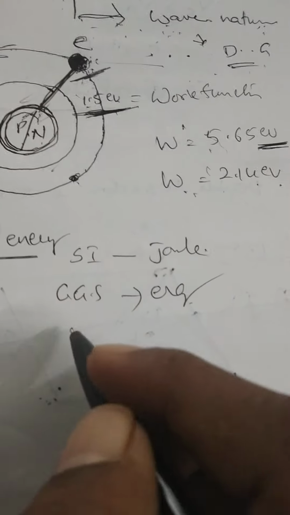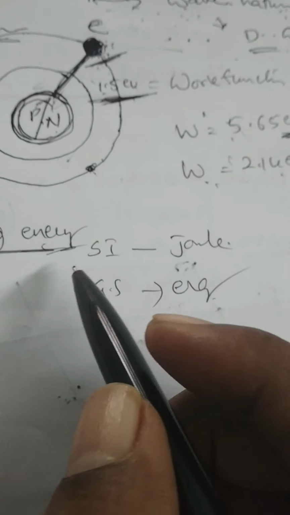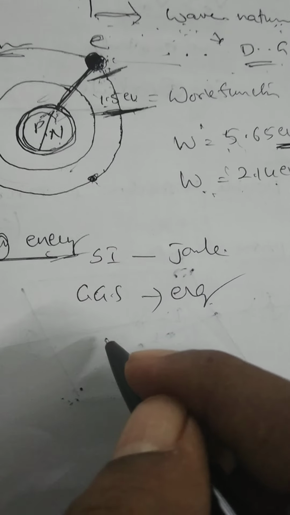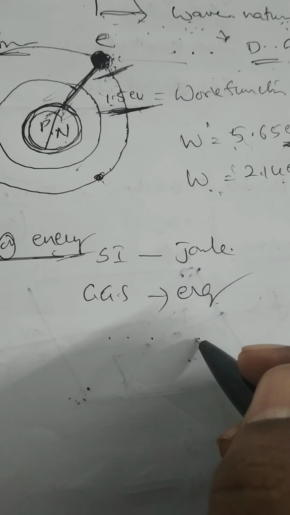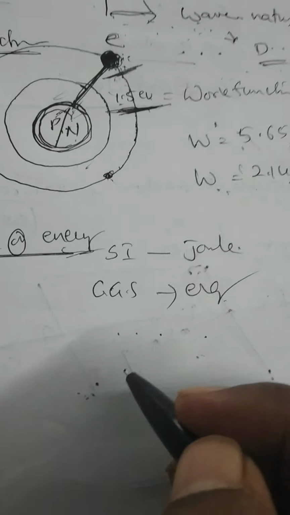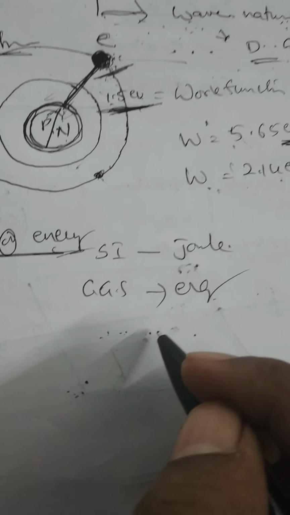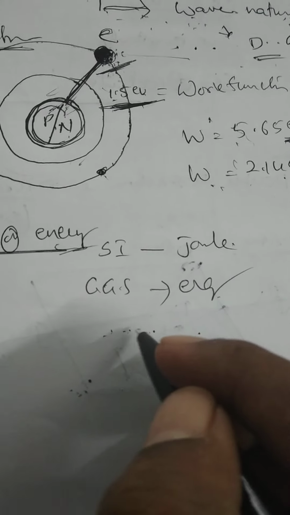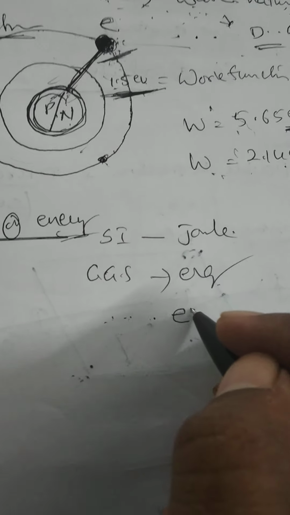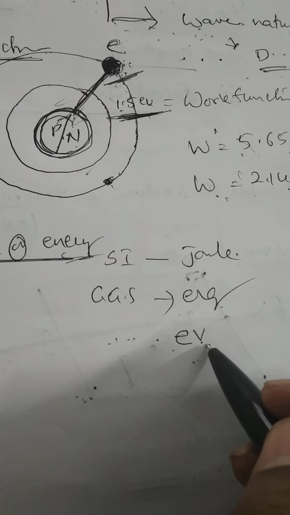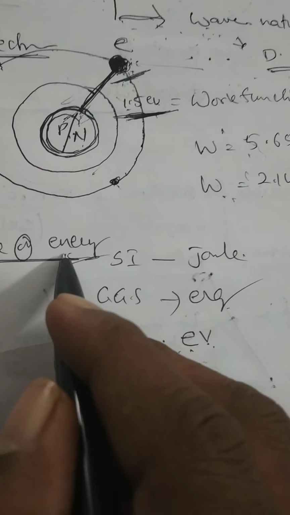But for the smallest energies, the energy of elementary particles, meaning electron, proton, neutron, which are very minute particles, the energy is very, very small. That small amount of energy is represented in electron volts. So, electron volt is the smallest unit of energy.